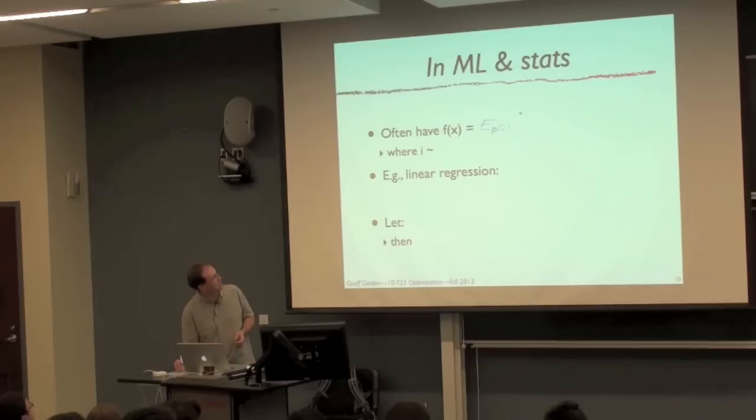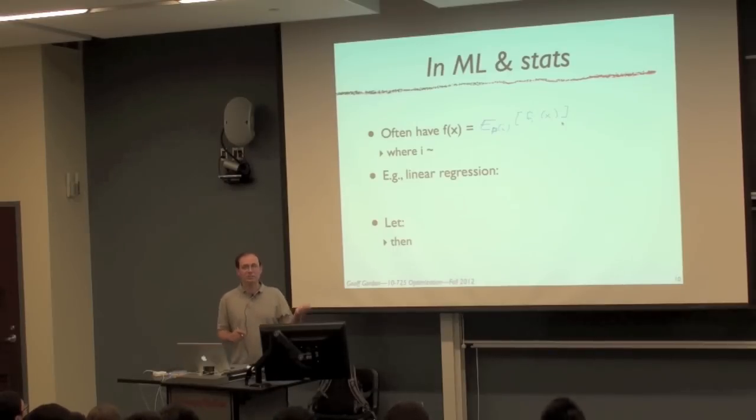So I is the thing being sampled. We sample a random element of our set according to this distribution p, we get a function associated with this random element, we evaluate that function at our point, and we take the expectation over all of the samples we could have possibly gotten. So here I is distributed according to p of I.